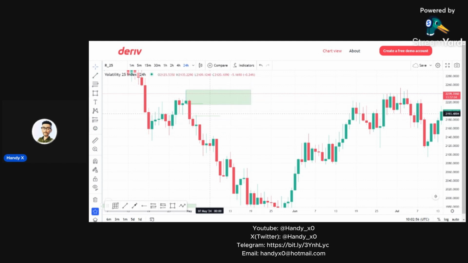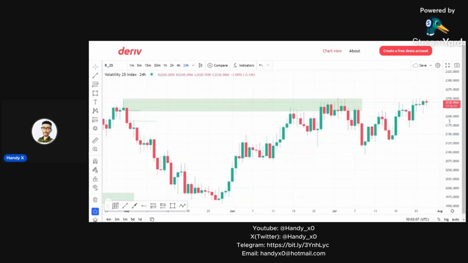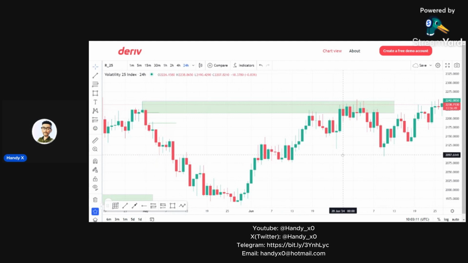Now it is a high probability order block. When you drag your order block all the way to this point, you discover that price has been finding it very difficult to cross this point. Can you see? It causes some form of reaction.